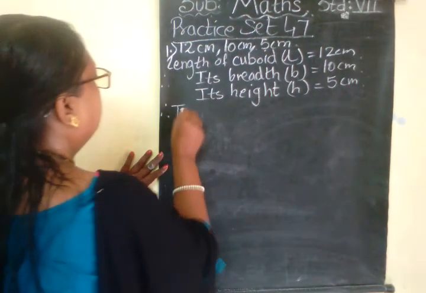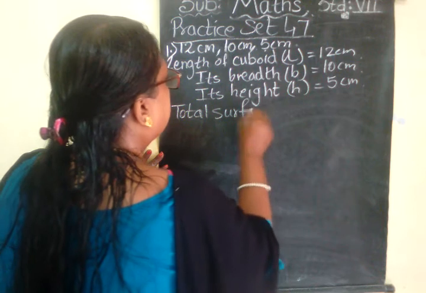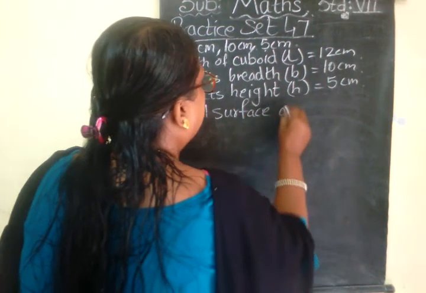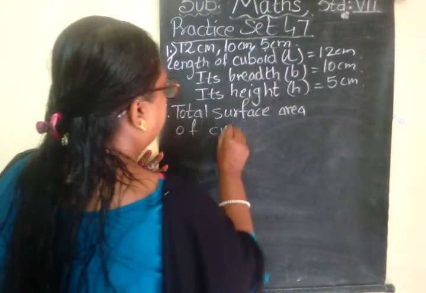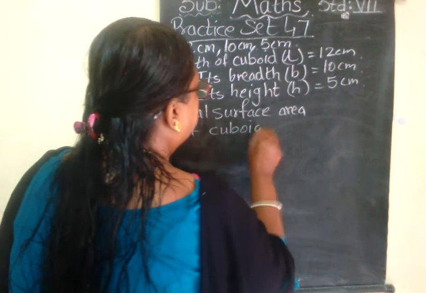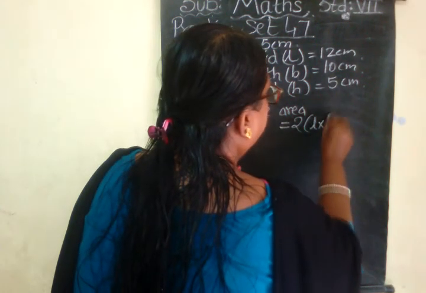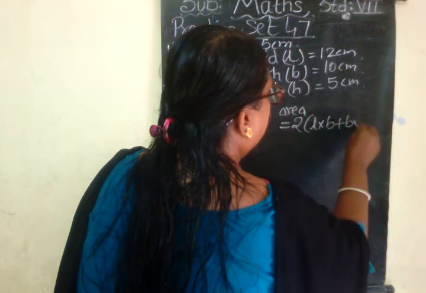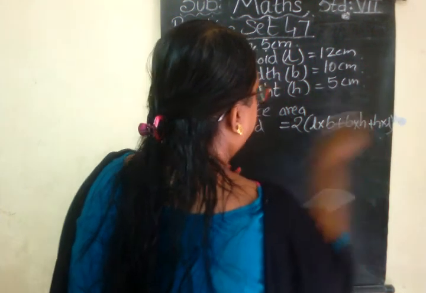Therefore, total surface area of cuboid is equal to twice L into B plus B into H plus H into L, bracket.